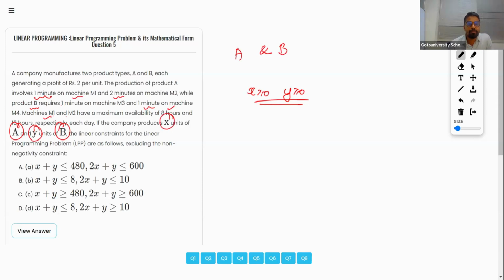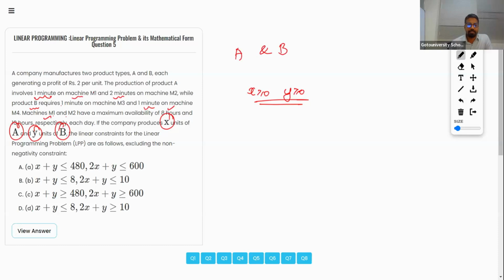We cannot use machine M1 for more than 1 minute and M2 for more than 2 minutes for the unit A. So the total hours available for us is how much? In a day, 8 hours. So all that we have to consider in our mind.